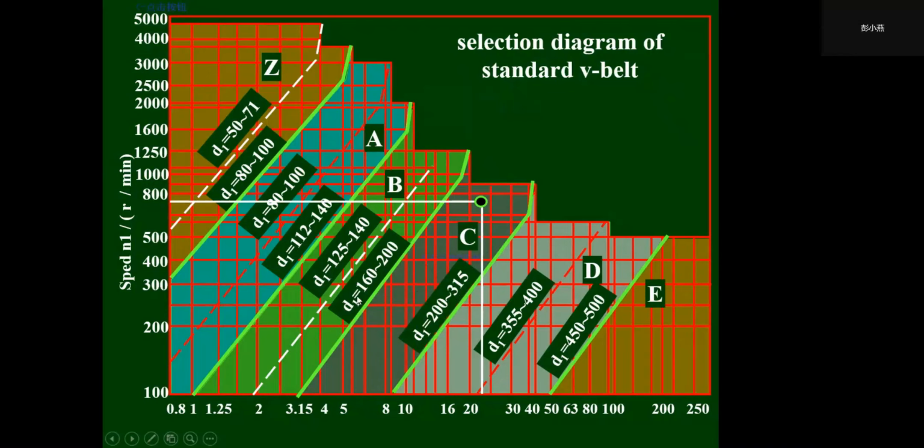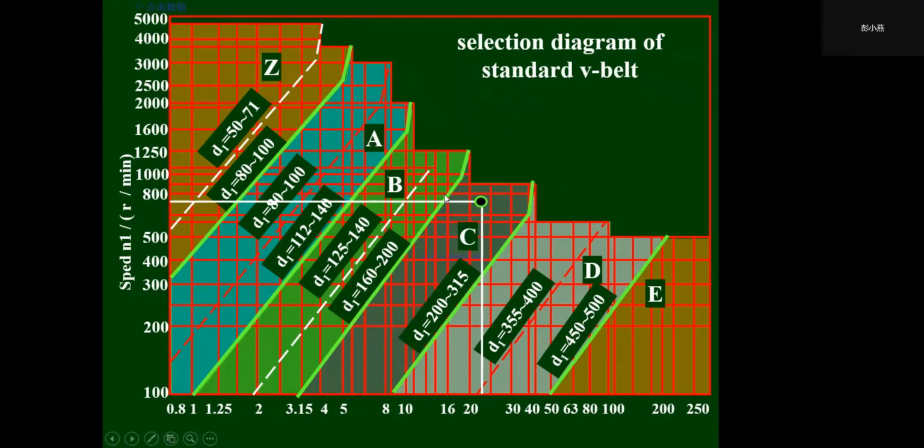If the point is located in this area, you also can choose a B-type wave belt, and you also can choose the diameter D1 less than 200, and then you should check your design if it is acceptable or not.